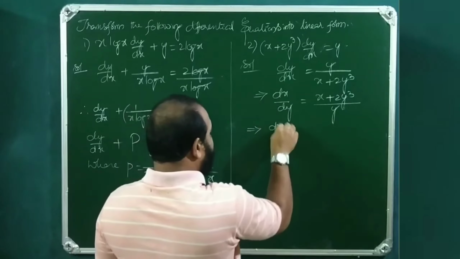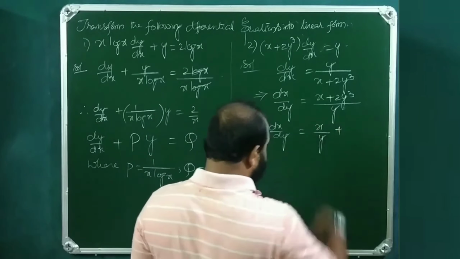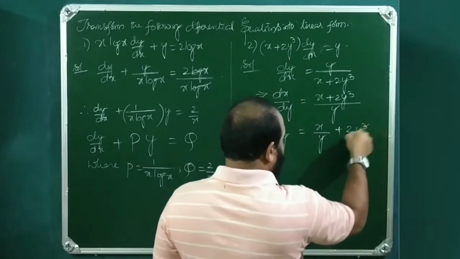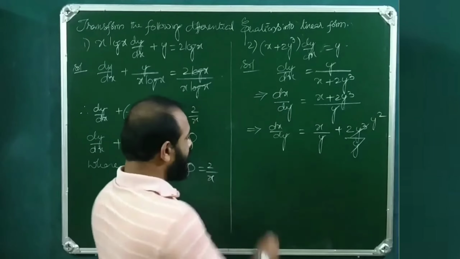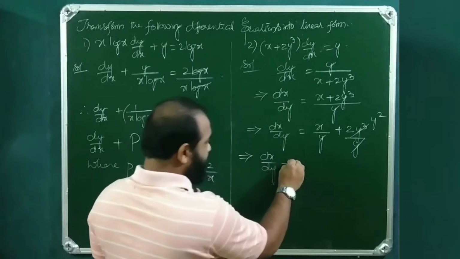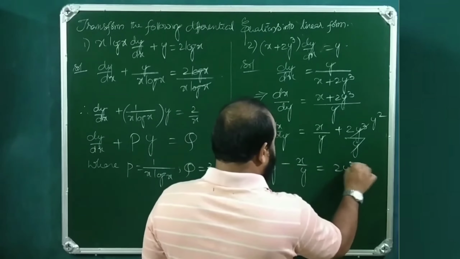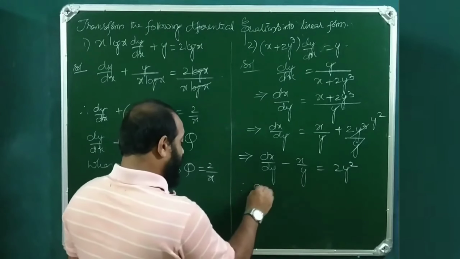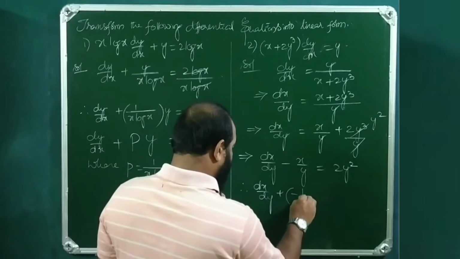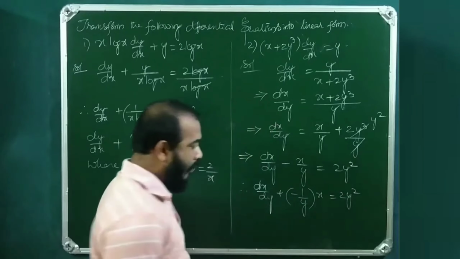So dx by dy equals x by y plus 2y cube by y square. This gives dx by dy minus x by y equals 2y square. Therefore, dx by dy plus minus 1 by y into x equals 2y square.